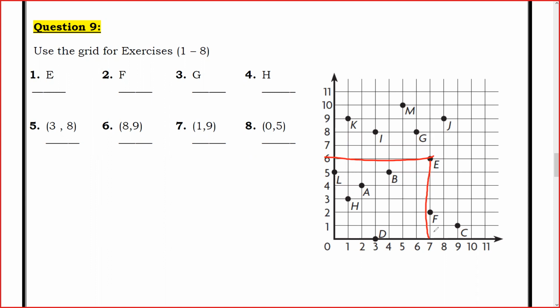It's at 7. Yeah, bravo. And on the y-axis, at which point? 6. So I will say now that the coordinate of point E is 7, 6.